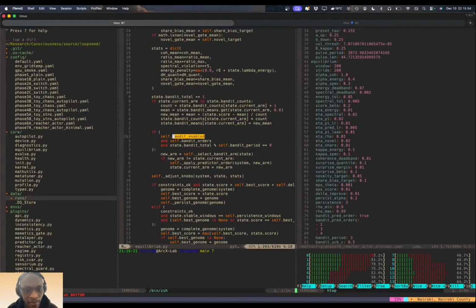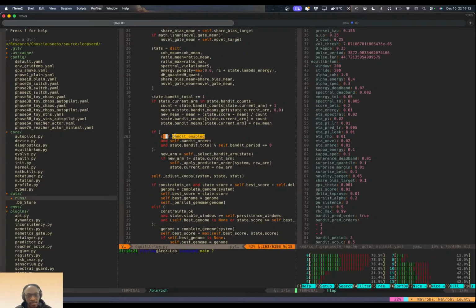So when it's enabled, we create a new dimension, a new arm, that is, and then it applies the predictor's order to the system every time. So we get a new dimension every time we run the system.